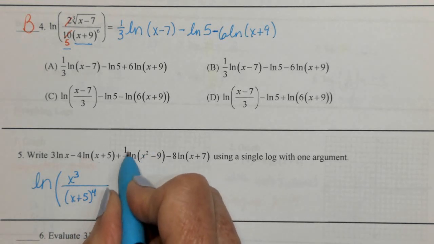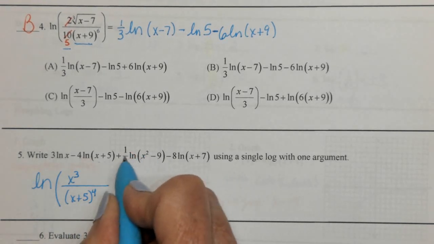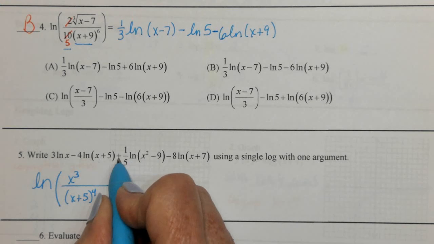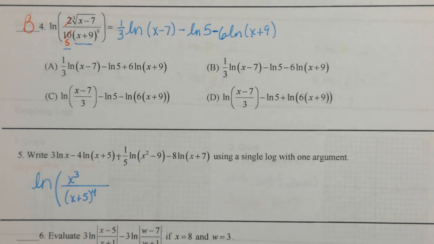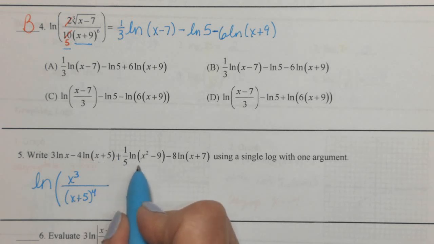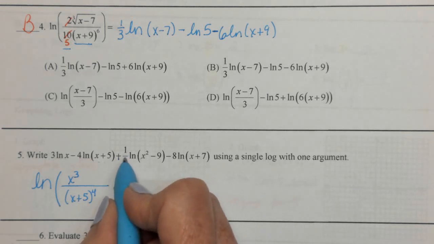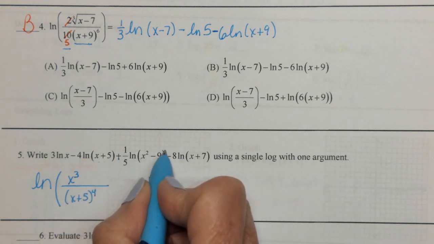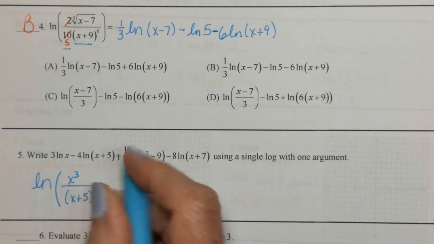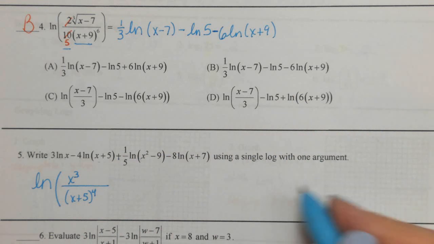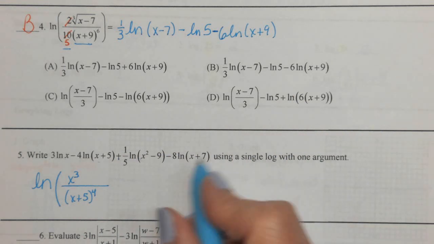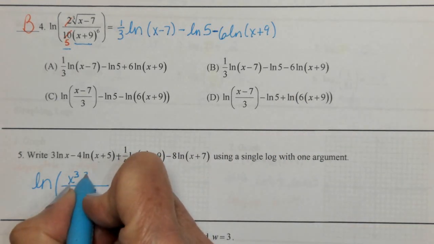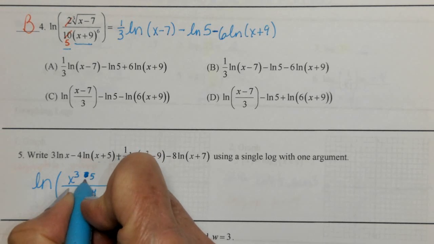This has a power of 1/5. It's with a positive log, so the argument is that this piece will be in the numerator. And I could write it as a 1/5 power, or I could write it as a 5th root. Since they didn't give me multiple choice, it's my choice. I'm going to write it as a 5th root.